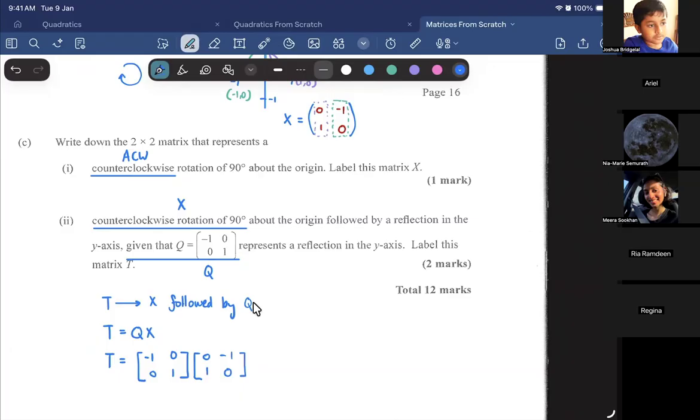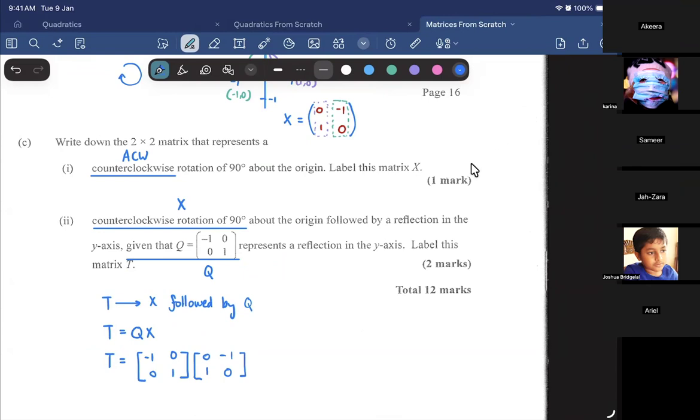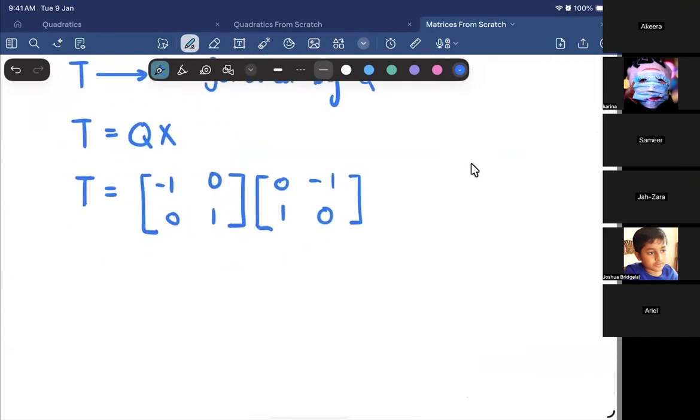That's what she said. Yeah. All right. So let's do the multiplication now. Matrix multiplication is rows by columns. So we're going to look at the first row. This is the first row. And we're going to look at the first column. So Ria, help me with the multiplication for that.